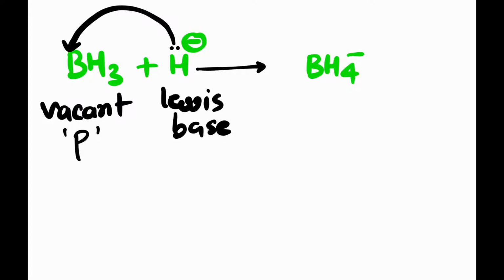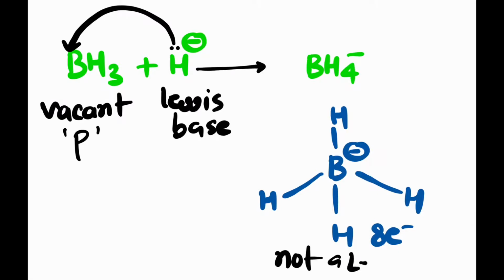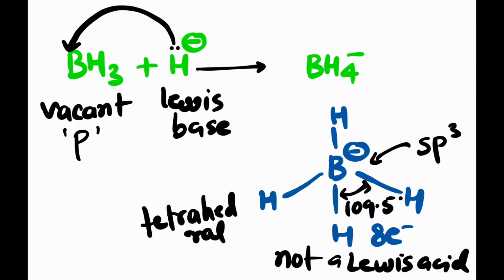Now you can see this boron is forming 4 bonds. Now its octet is complete, it's 8 electrons. Now it is no longer a Lewis acid. The hybridization is sp3 and it is a perfect tetrahedral structure. Bond angle will be 109.5 degrees.